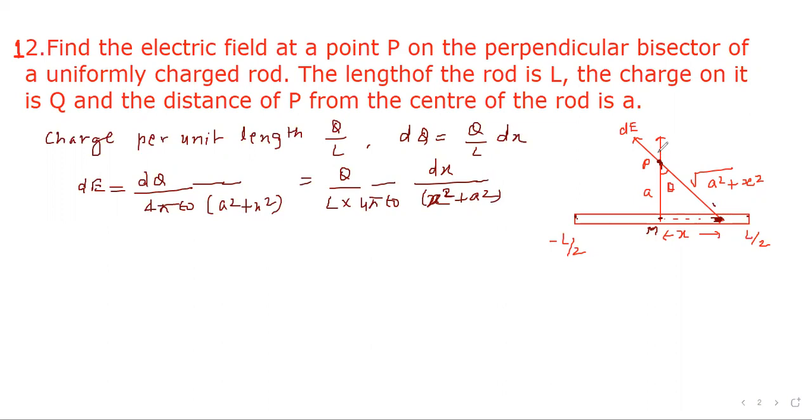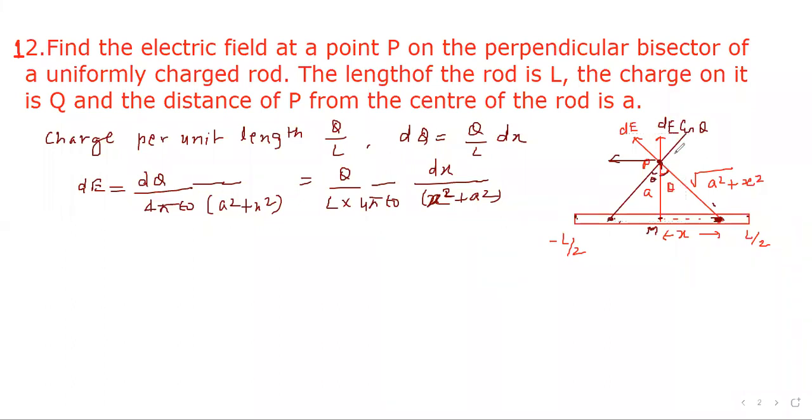Now, if we resolve this, this angle is theta. So dE cos theta will be in this direction, and dE sin theta will be in this direction. Similarly, if we consider another charge element on the other side at the same distance x, it will have the same specifications.